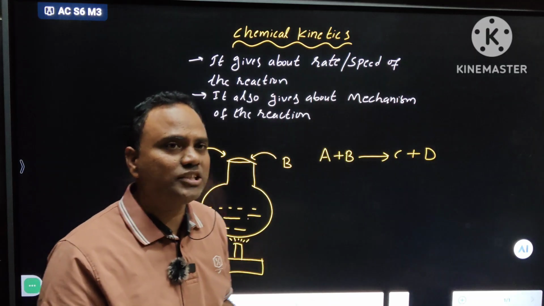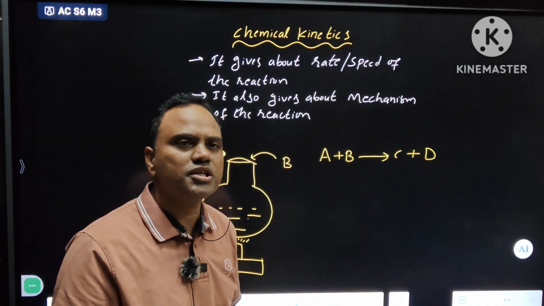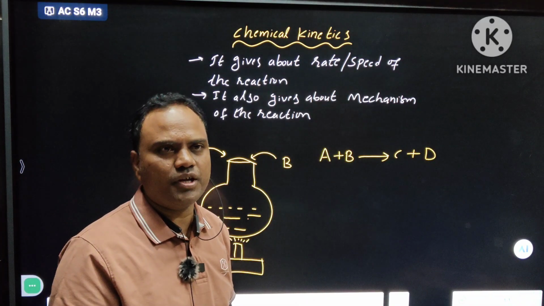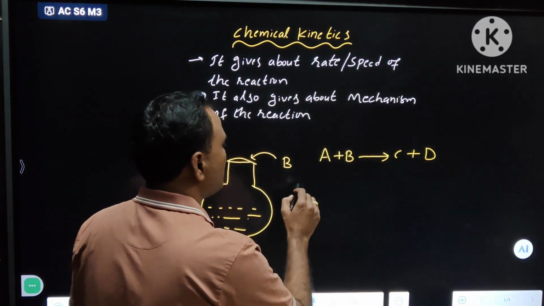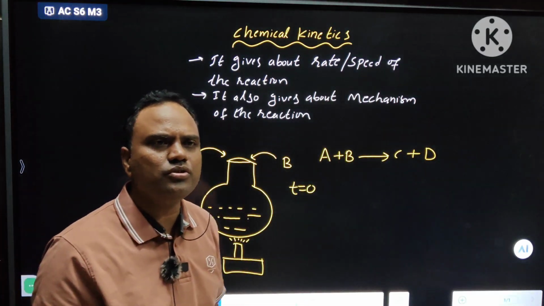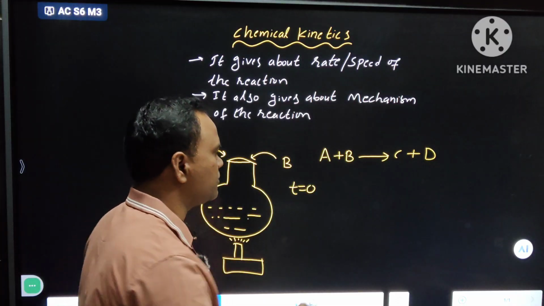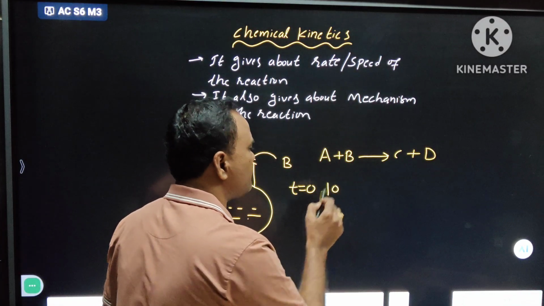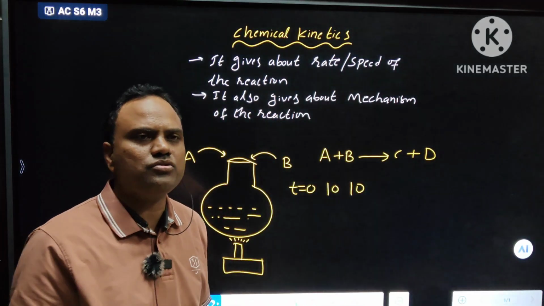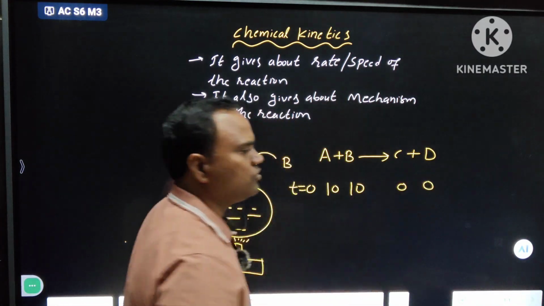Got it? So at the beginning, whose concentration will be more? Concentration of reactants. For example, at t is equal to 0. What is the meaning of t is equal to 0? It means at the beginning, starting of the reaction. I am considering concentration of A is 10 molar, concentration of B is 10 molar at the beginning. Clear? At that time, the product's concentration is 0.